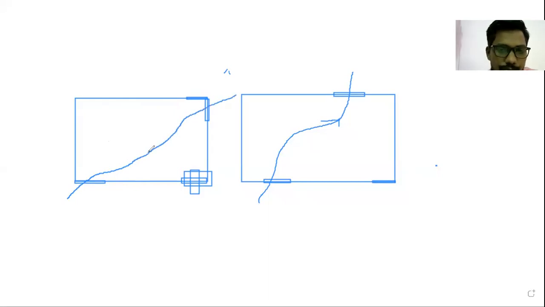So we have to avoid such type of provision of openings in the rooms or in buildings. While you are deciding the circulation, you have to focus on the proper position of the doors or openings.